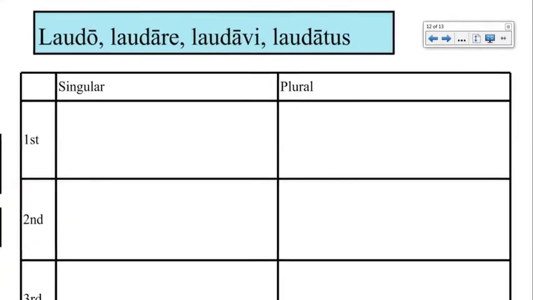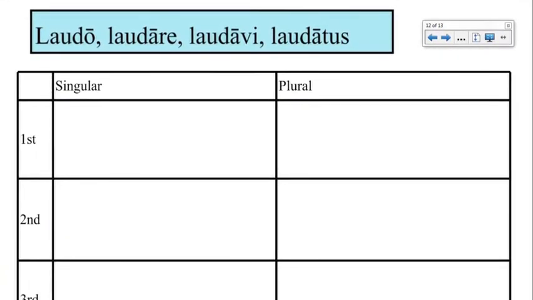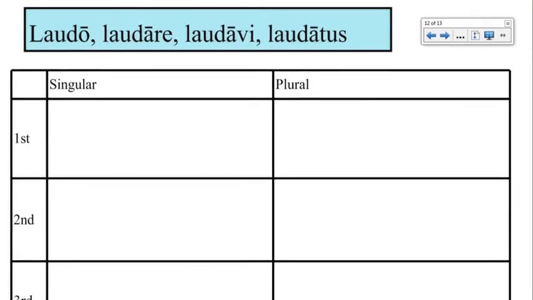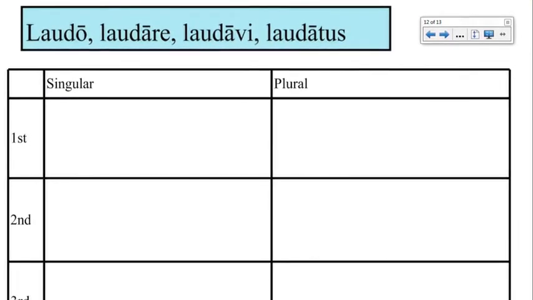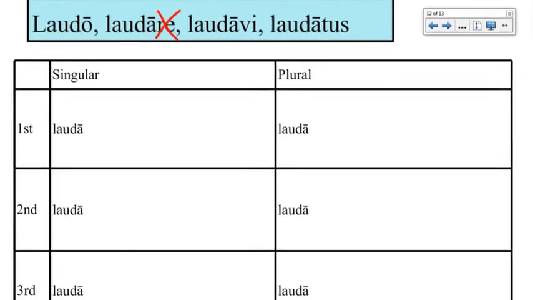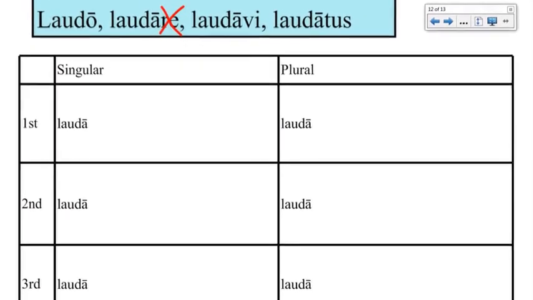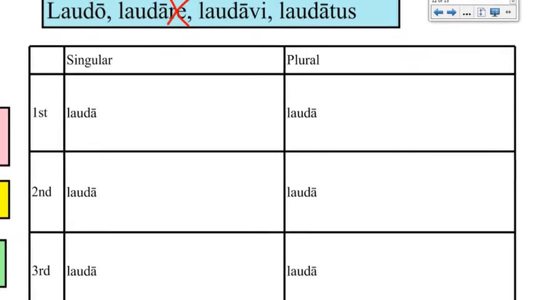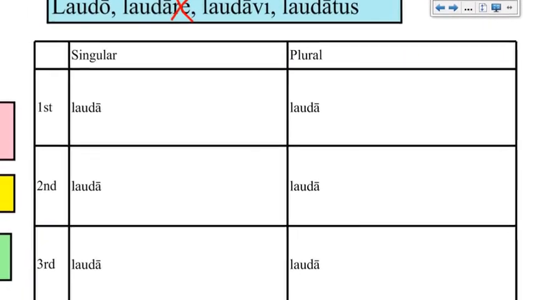Okay, grab some notes and make yourself a chart, because you have to conjugate along with me here as we do the future tense. You might want to pause in case you need to get that stuff ready. Okay, the first step is to take the RE off of the second principal part, and then put the stem in every box. Notice that the stem is also in the first person singular.